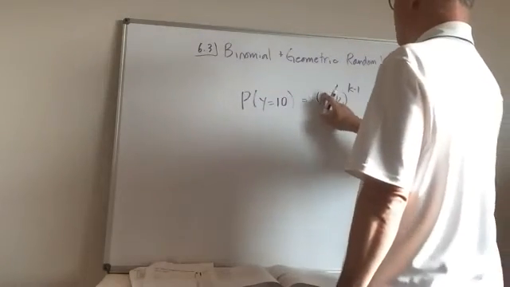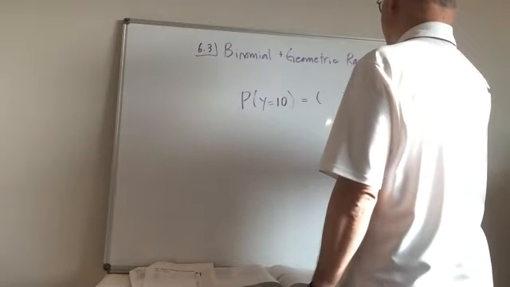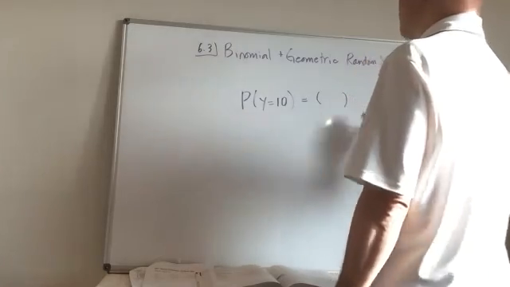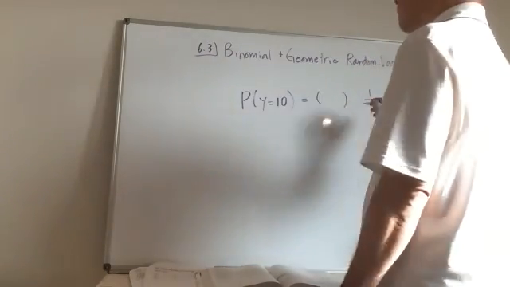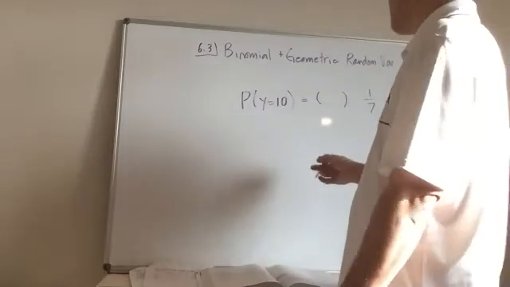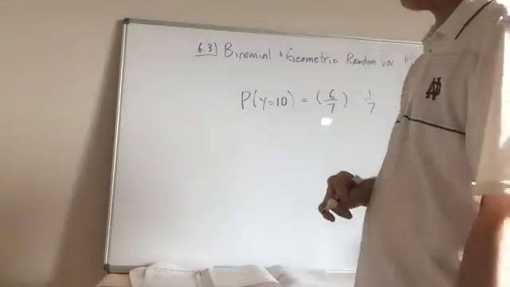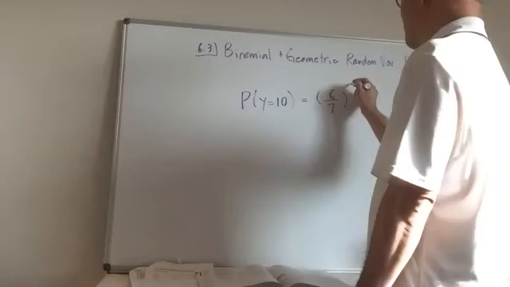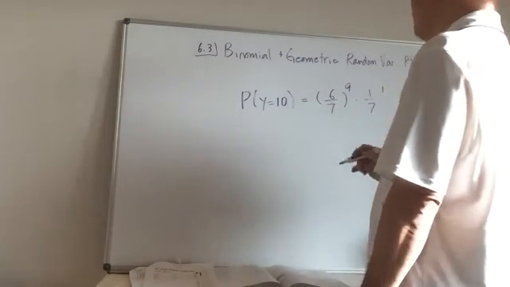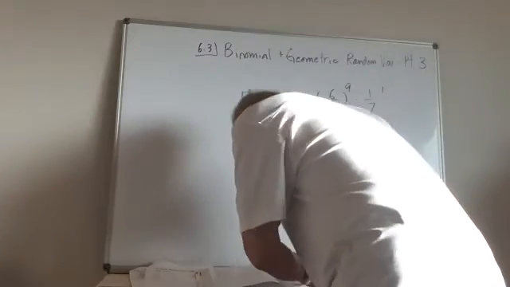What's the probability of success here? It's 1 out of 7, because it's a random guess out of 7. So you fail 6 out of 7 times. You had 9 failures and then ding, ding, ding, the 1 success. That is how you would calculate that.